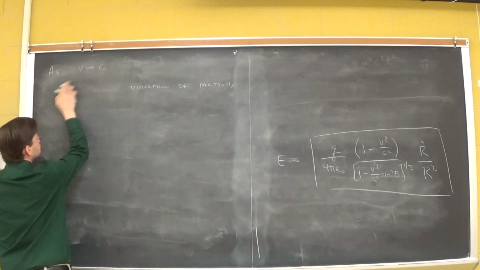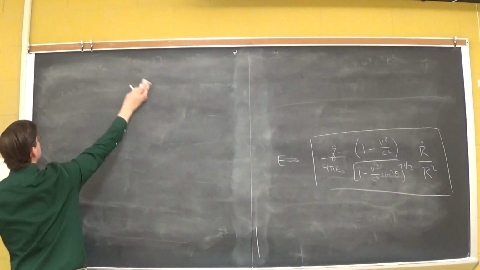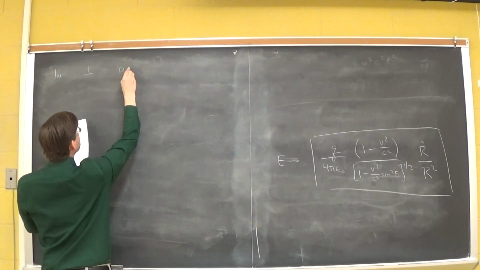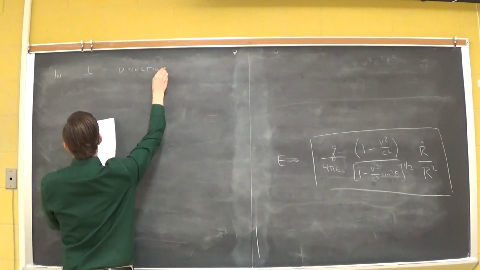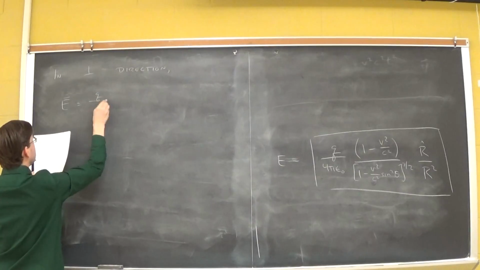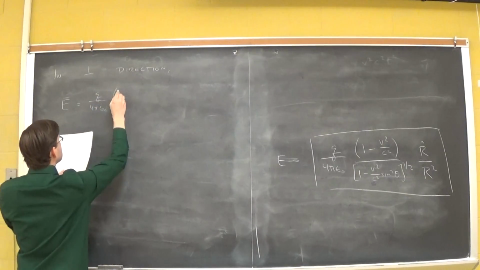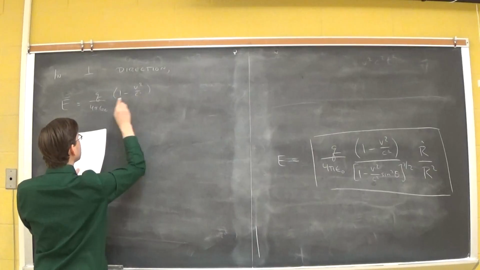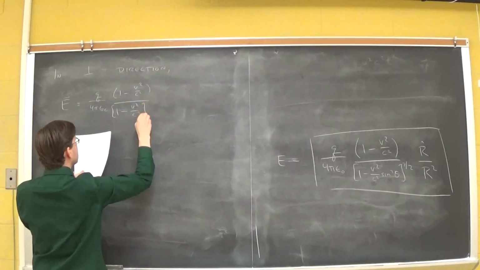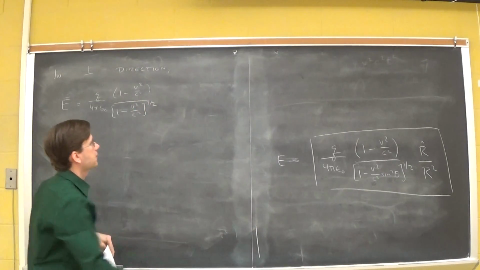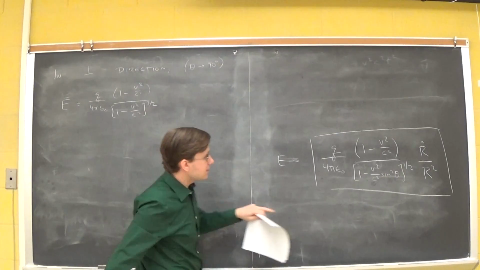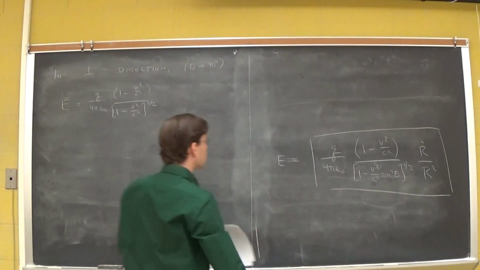And then just the opposite is true when we're perpendicular. So in the perpendicular direction, our electric field is q over 4 pi epsilon naught times 1 minus v squared over c squared divided by 1 minus v squared over c squared to the 3 halves. In the perpendicular direction, theta goes to 90 degrees here, and sine squared of theta is just equal to 1.